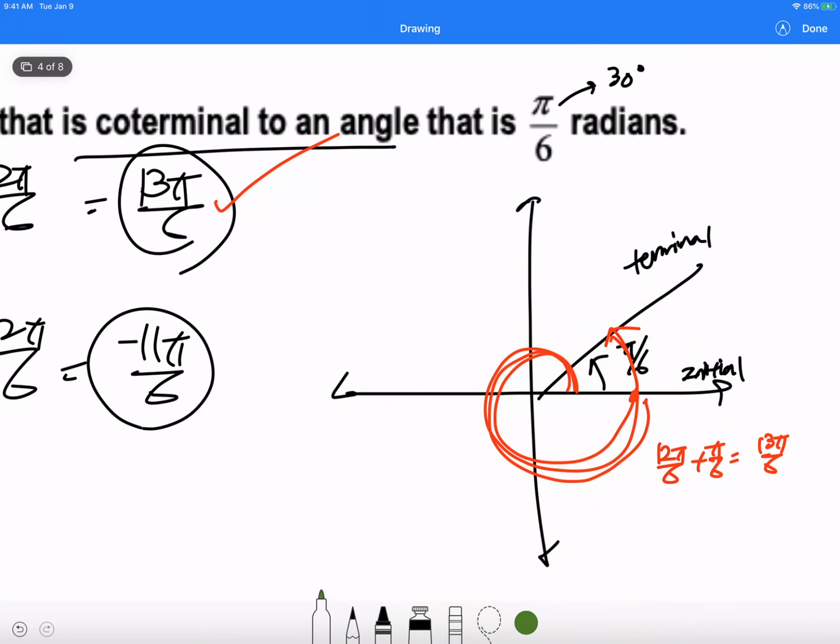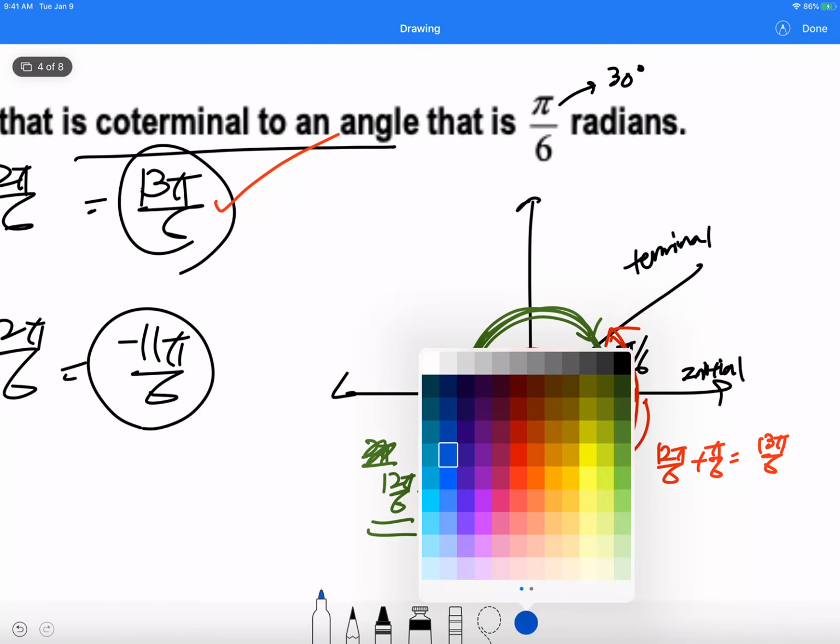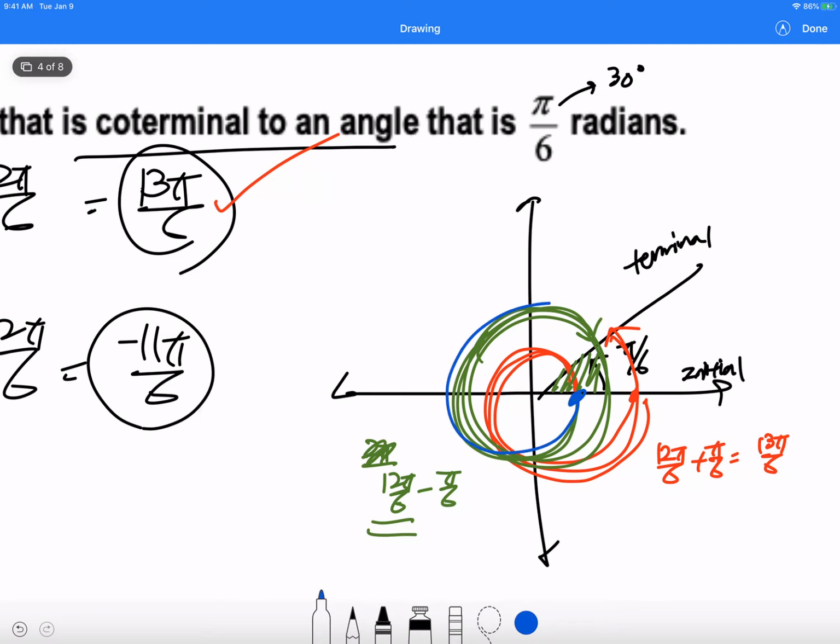Next one is going in the opposite direction. You're going about this much. Well, that's simply 2 pi. That's 12 pi over 6 minus pi over 6, because this entire full circle is 12 pi over 6, but you're subtracting this much away to only go from, let me mark this in blue, to go from here to here.